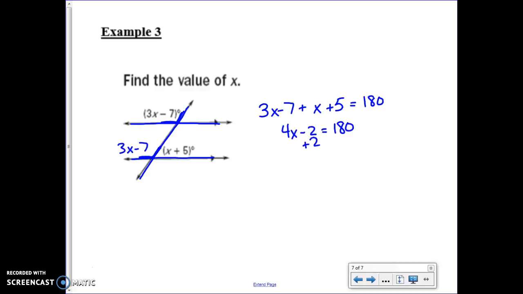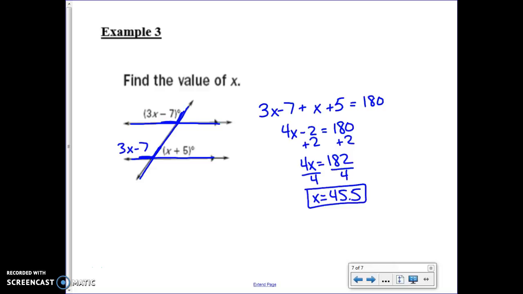I'm going to add 2 to both sides. So 4x equals 182. I divide by 4, and we get that x equals 45.5. Since it said find the value of x, we can box that in and we are finished right there.